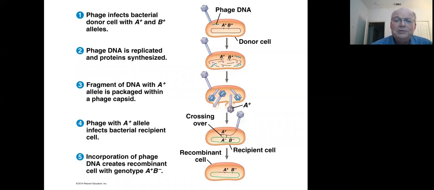Instead, it inserts the bacterial DNA, which then gets incorporated into the genome of the recipient bacterium, and it becomes a recombinant cell because its genome is now a combination or a recombination of the existing genome plus the bacterial DNA from the donor cell.